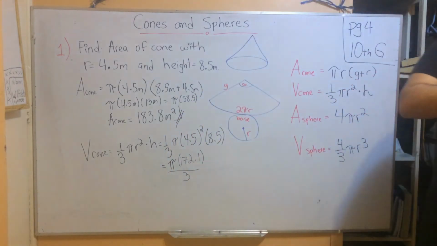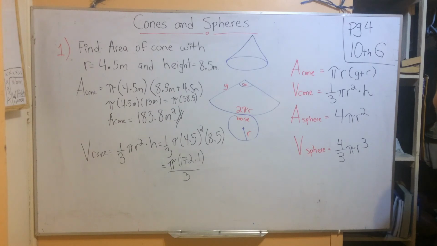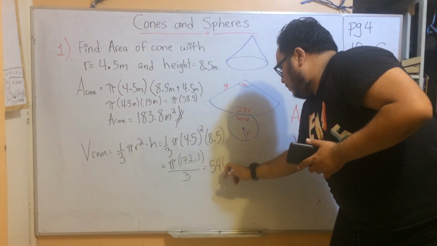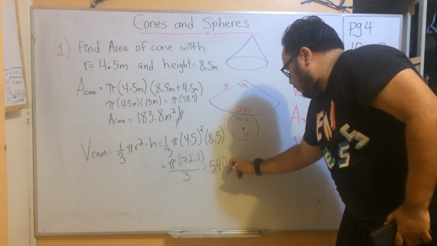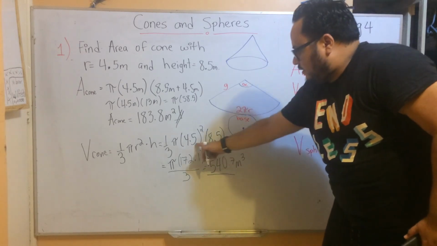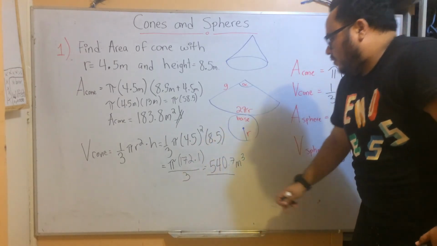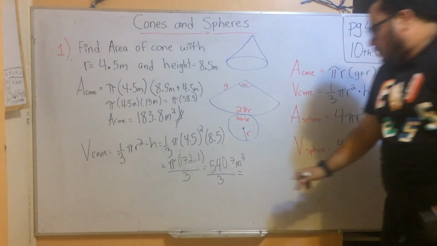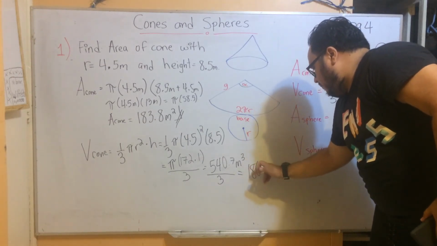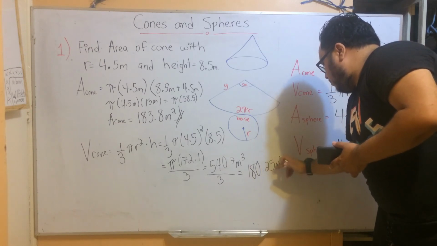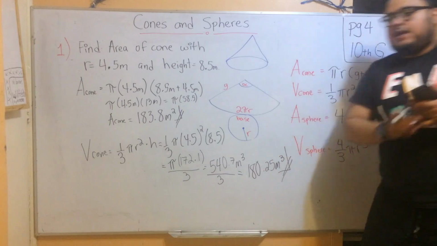So we have 172 times pi, which equals 540.74. This is meters to the cube, remember. This becomes square times this, units to the cube, and this divided by 3. And this comes back to 180.25 meters cubed. And we have our answer.